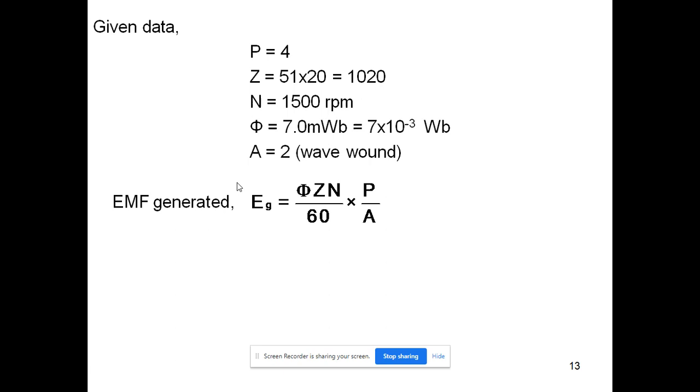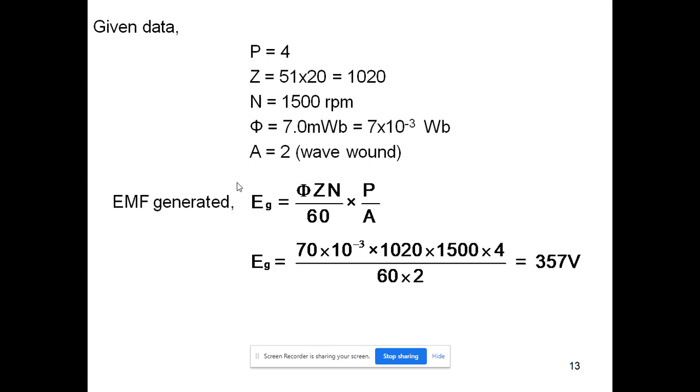We already know the equation of EMF generated for a wave wound generator, that is phi ZNP by 60A, where phi is the flux, Z is the total number of conductors, and N is the speed with which the DC generator rotates, and P is the total number of poles, and A is the number of parallel paths, which is given as 2 for wave wound generators.